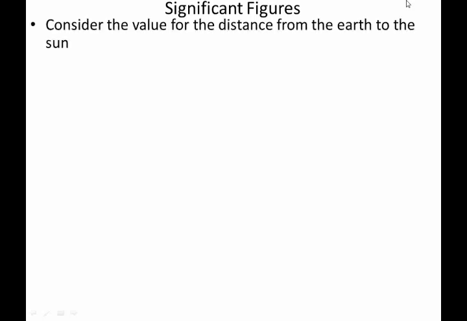So, consider the value of the distance from the Earth to the Sun. It happens to be, for some reason, someone in my class almost always knows this, 93 million miles. And 93 million miles, here's the thing. When I write this number, this is where you get some weird ambiguity, and we're going to need some rules.